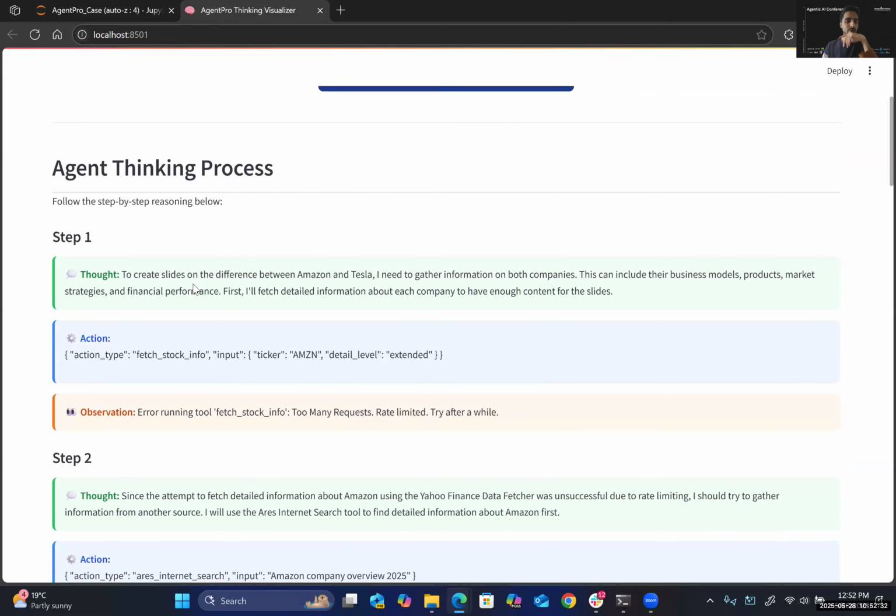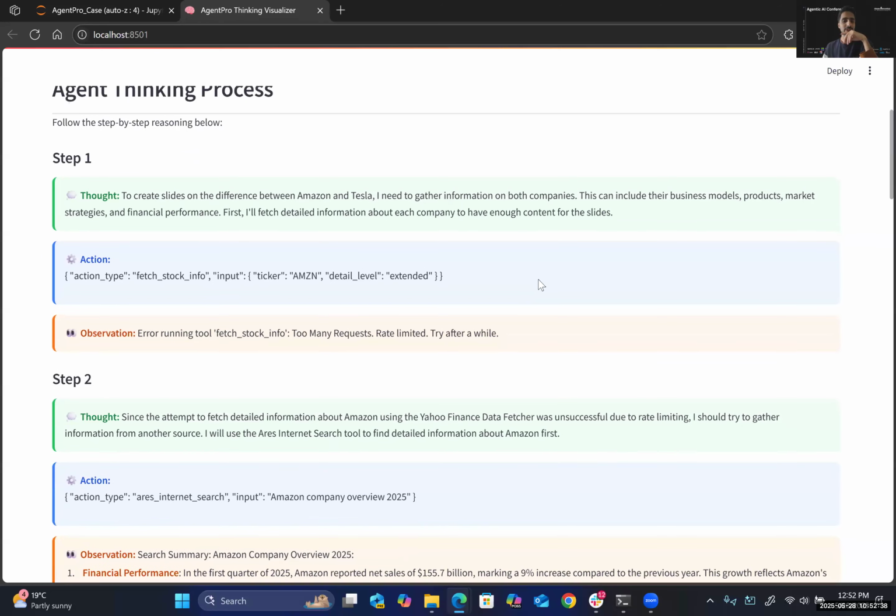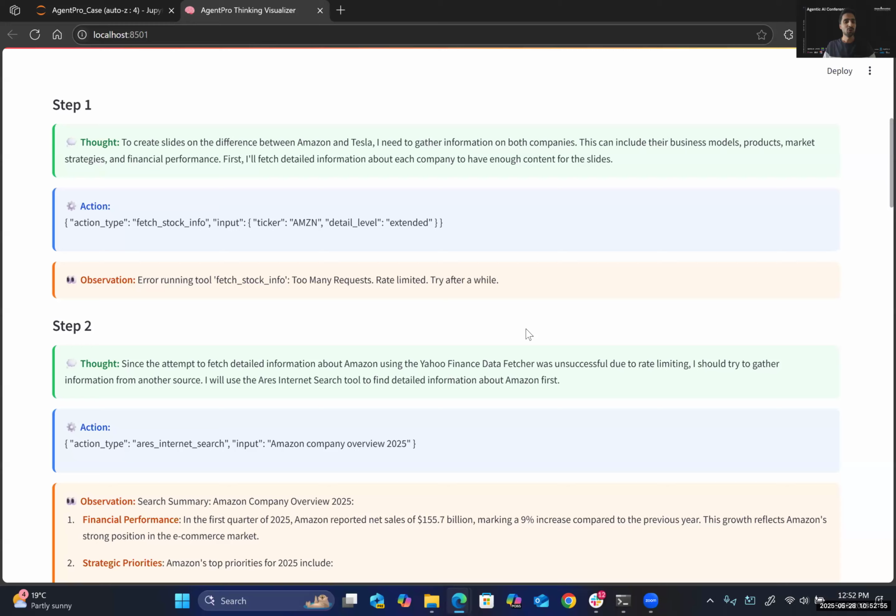So this was the whole thought process, and for that it needs to gather the information for both companies. Oh, this is a very interesting thing. I was trying it out last night, I guess, because this tool did not work for the agent because of too many requests. I really should not have done that last night.